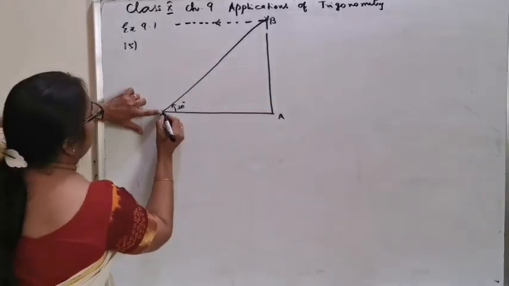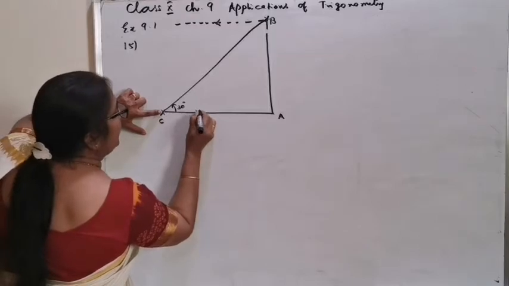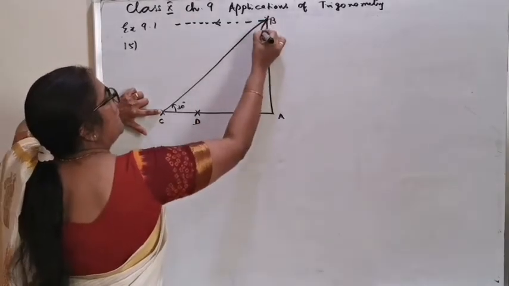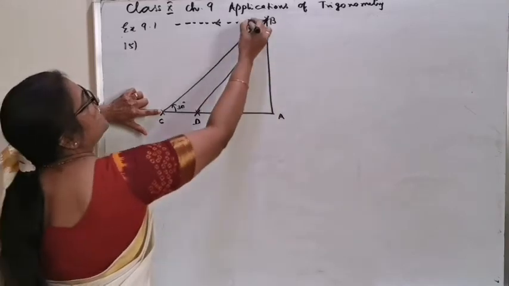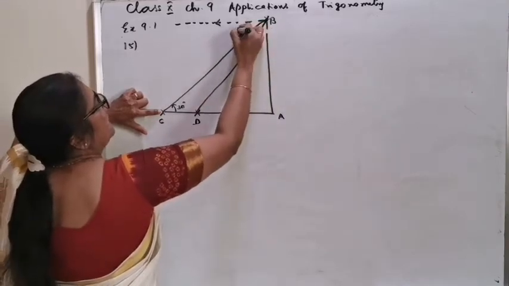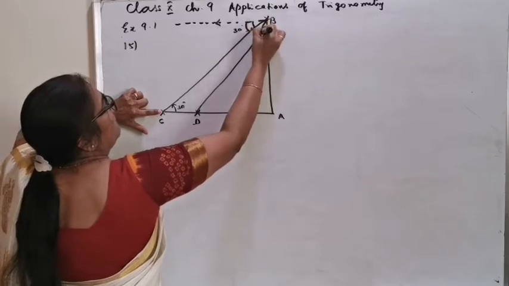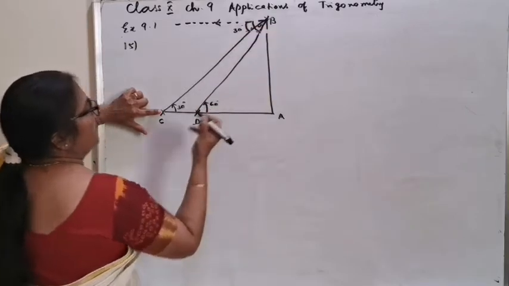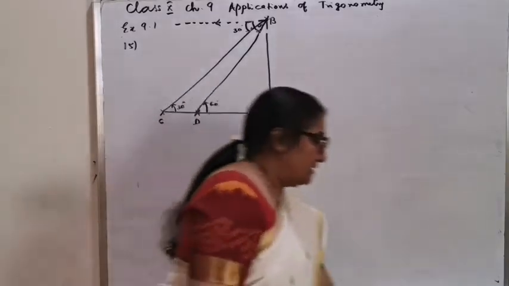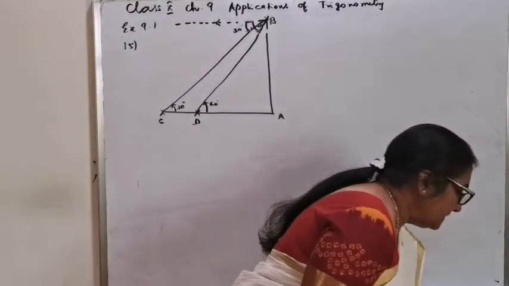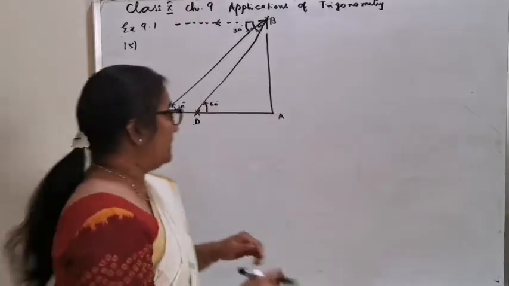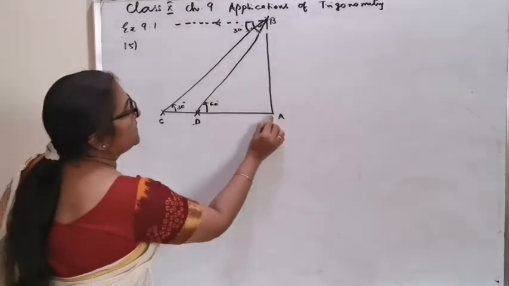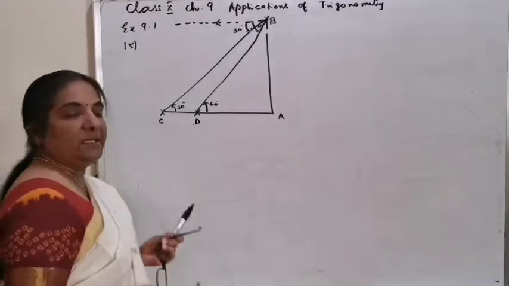That means the car was moving, and after 6 seconds it reached the position D. From there the angle of depression is 60 degree. That means here is also 60 degree. Now the question is, find the time taken by the car to reach the foot of the tower, the point A. That is what the question says.